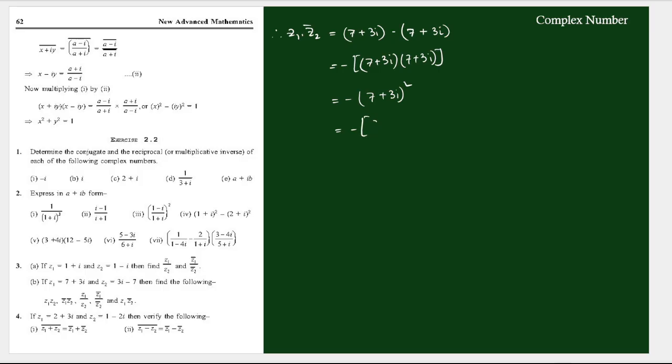So this will be how much? 7 square plus 2 into 7 into 3i plus 3i whole square. 49 plus 42i minus 9, we can write directly. 49 minus 9 is how much? 40 plus 42i, right?